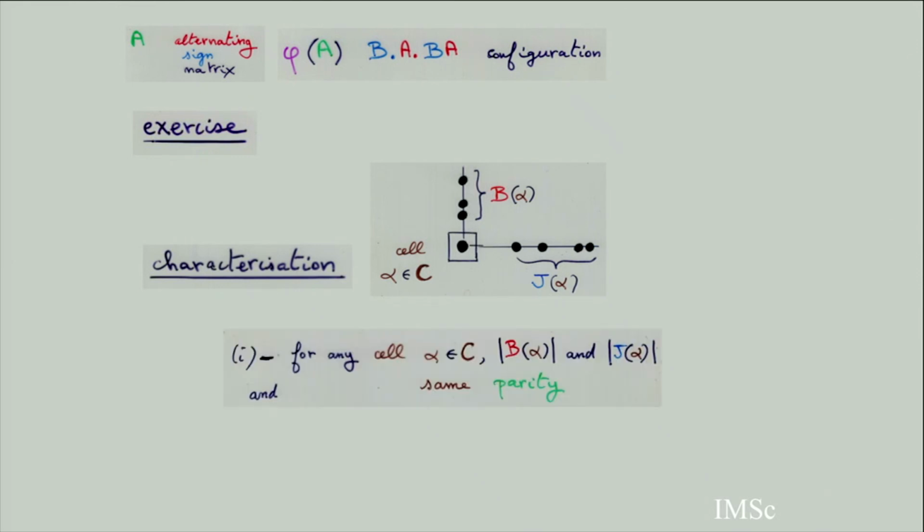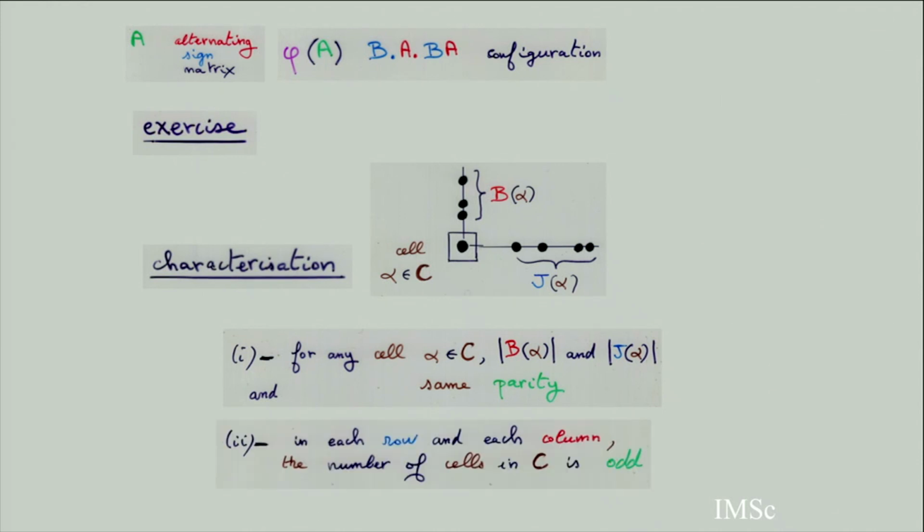And the characterization is that for any cell alpha, the number of elements of B of alpha and the number of elements of G of alpha have the same parity. And second condition, in each row and each column, the number of cells in the configuration C, in the brown cells, is odd.